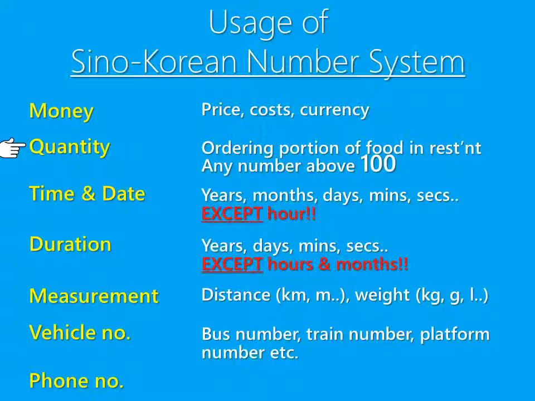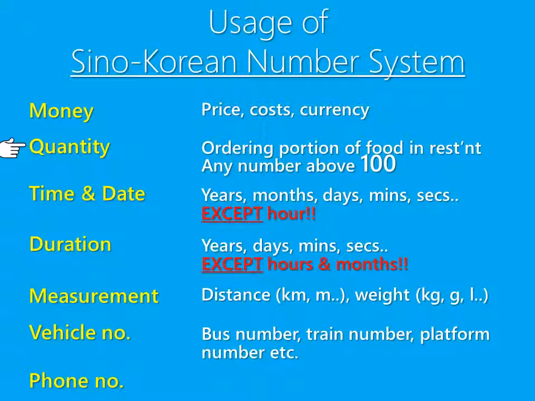For example, if you go to a restaurant and you say, oh, please give me 2 people's portion of barbecue. Then you say the number 2 in Sino-Korean number, saying barbecue 2인분 주세요.